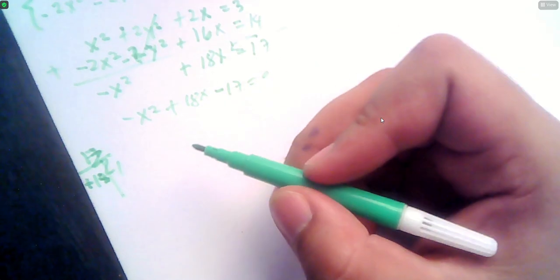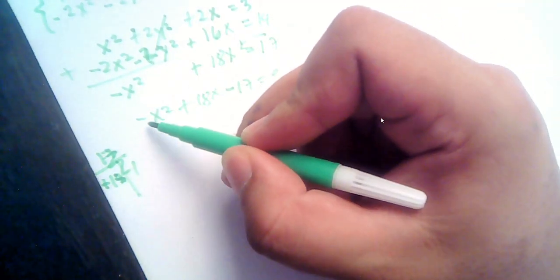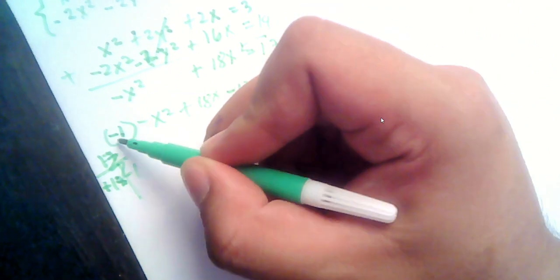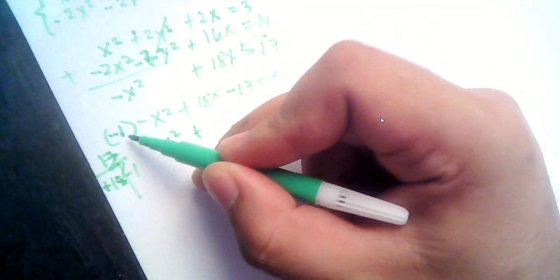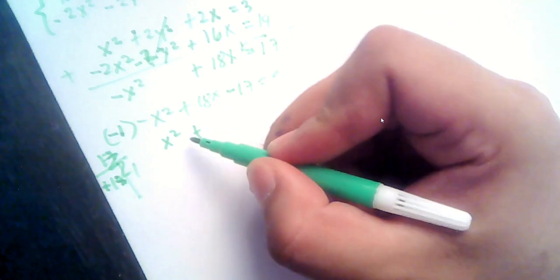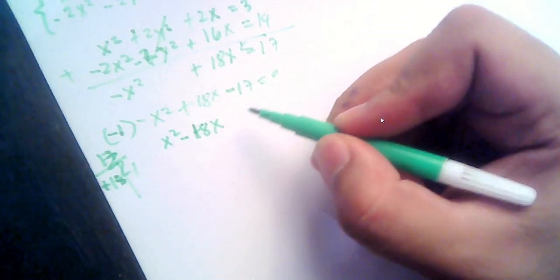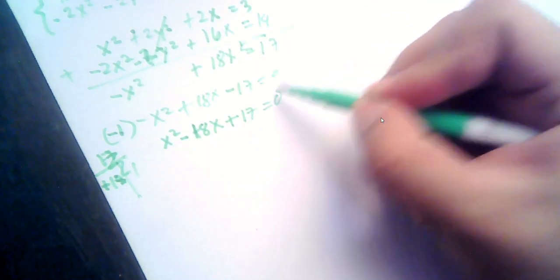Okay. So, I'm sorry. So, you are going to first multiply it by negative 1 so that it can be eliminated. So, negative 1 times negative 1, that is positive x squared. Negative times 18, negative 18x. So, that becomes positive 17 equals 0.